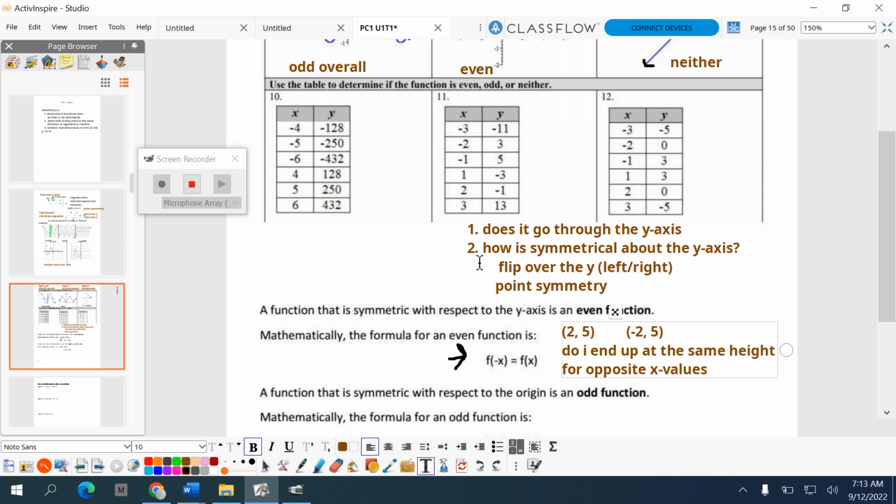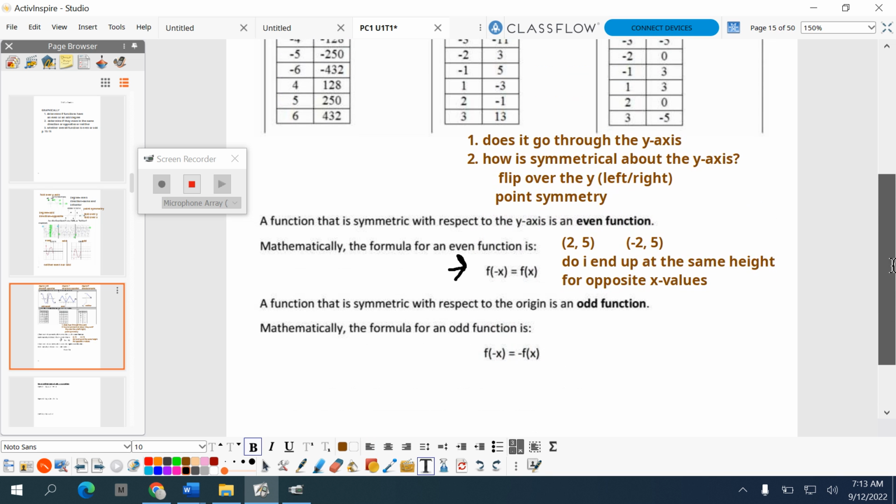So let's look at number 10 to determine that, right? And before we do, let's explain how we want to look at this last one, the odd part. So if I have an x value, let's say I have 2, 5, its counterpart would be -2, right? But the difference between even and odd is its counterpart, what it would correspond to, what it would match up with, that's what corresponds means, would be negative.